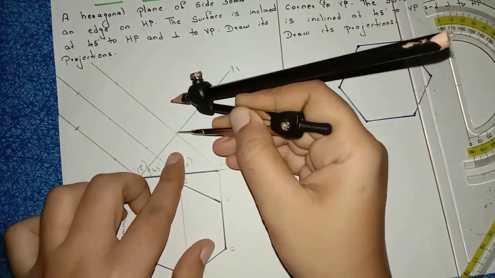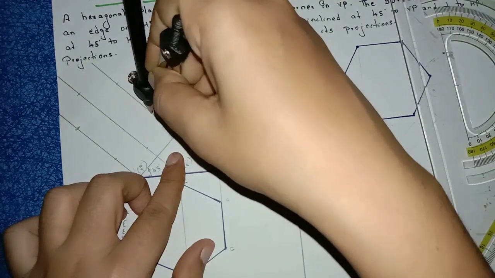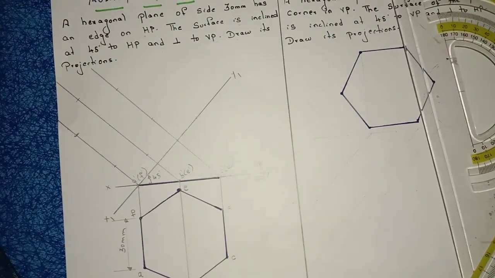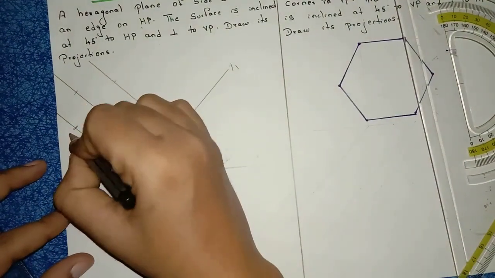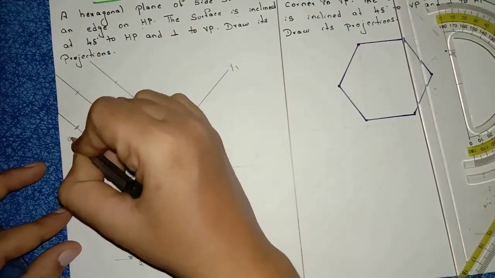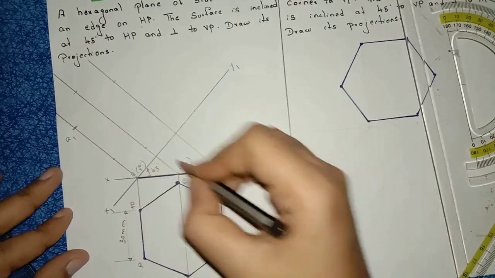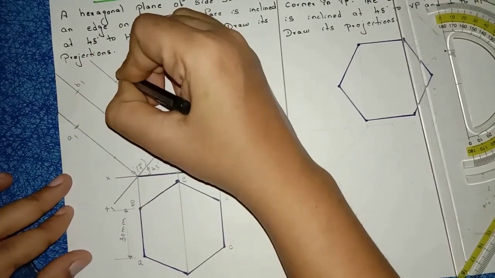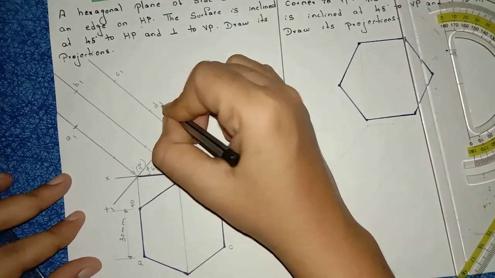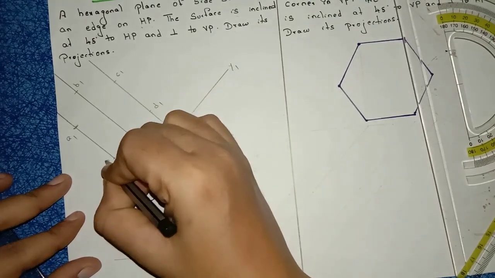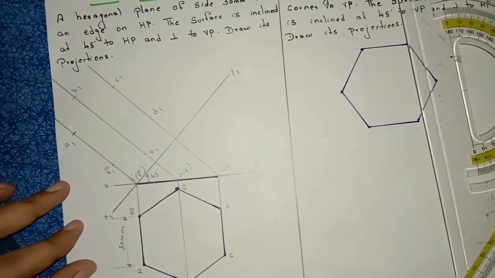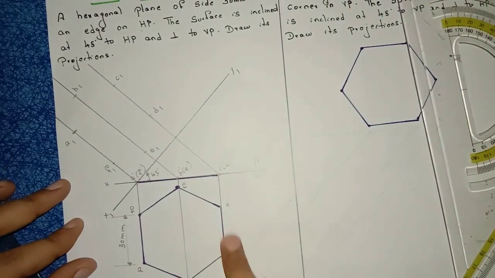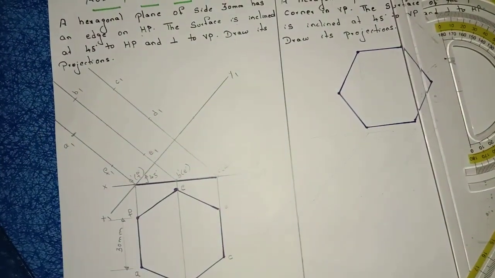From the D point line, I will mark a point here. Right? After that, I will write here, this point is A1, B1, C1, D1, E1 and F1. Right? AF, BE, CD.